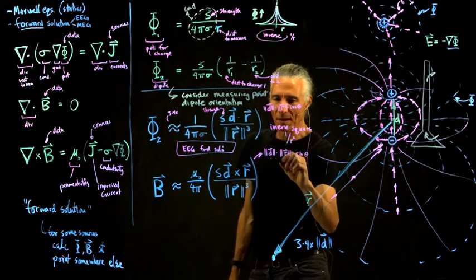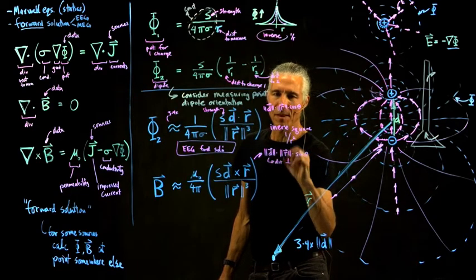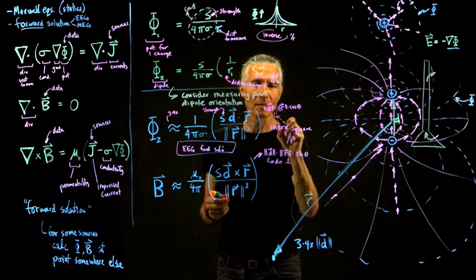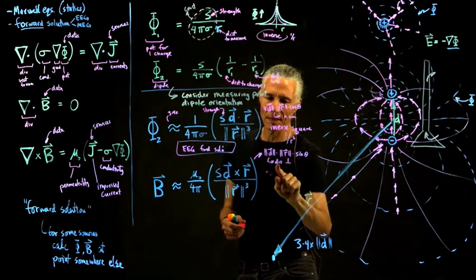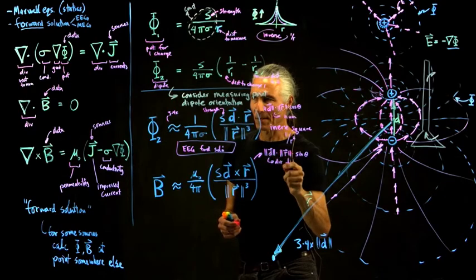That just gives you the length, but then the direction is perpendicular. Remember that this guy is just a number. This guy just gives us the length of the vector, but it's going to be perpendicular to these two vectors because it's a vector.